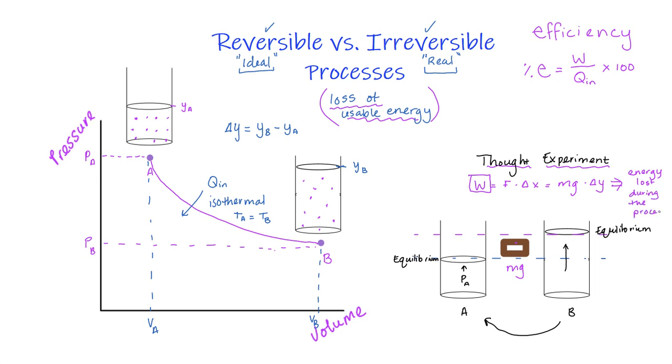So keep this in mind, that when we talk about the amount of energy lost during the process of changing the system from state B back to state A, or we could say as the state changes from A to B, we are looking at that in the form of a brick being removed and then put back on.